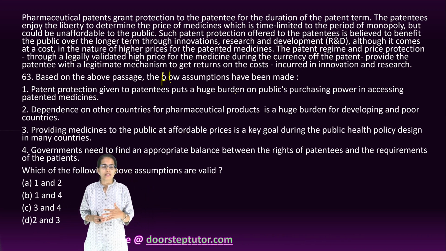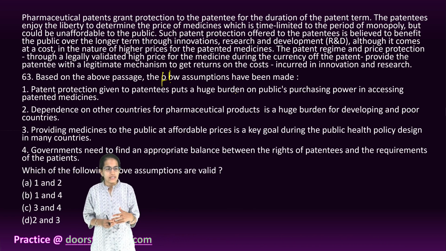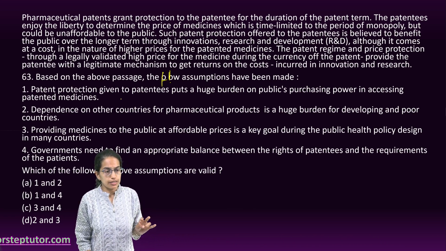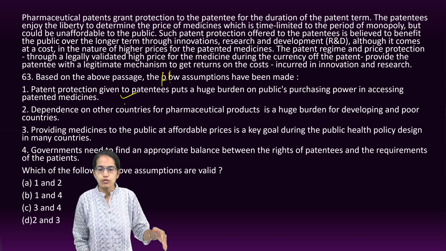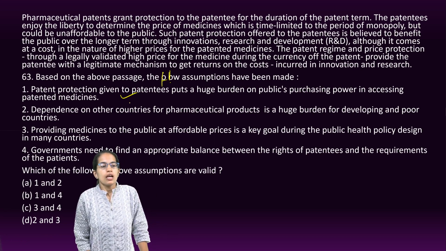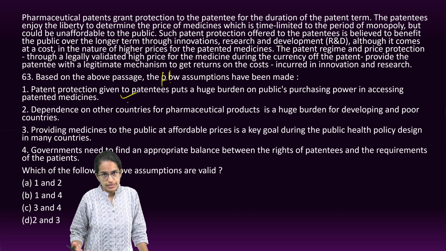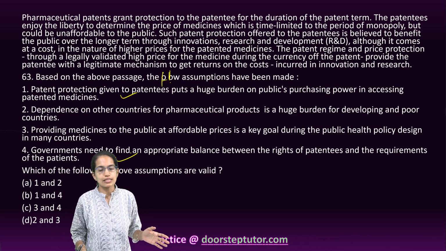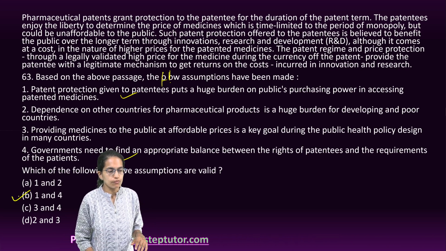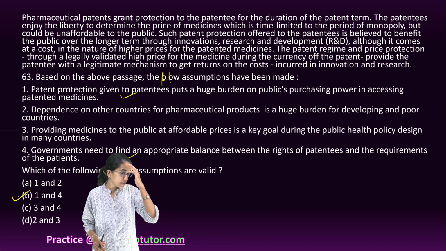Now based on this, what could be interpreted is, firstly, that the patent protection given to the patentees puts a huge burden on the purchasing power to have access to the medicines, and then the government needs to find the right balance between the requirements of the patient and the patentee's rights. So 1 and 4 is the right option here.